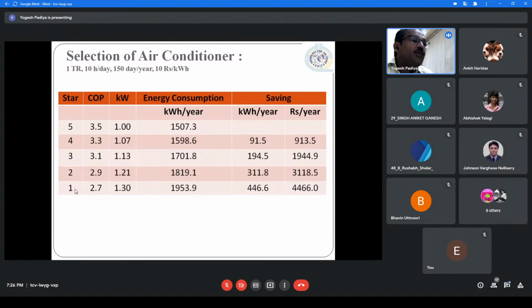You have saved 5,000 rupees, but you are wasting 4,000 rupees per year extra. It means that after 1 year, you are paying this much every year. But if you have purchased this AC, then although you have paid 5,000 rupees extra, within 2 years you have recovered that cost, and from then on you are saving 4,000 rupees annually.